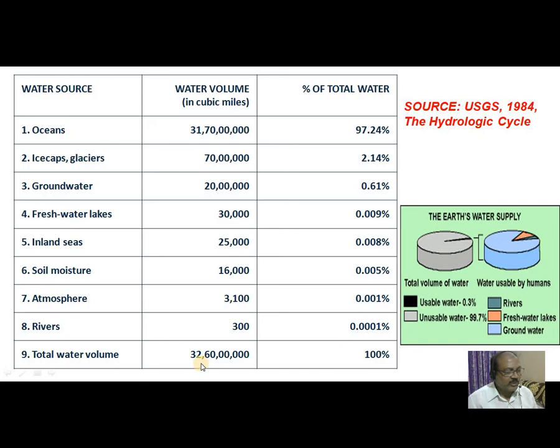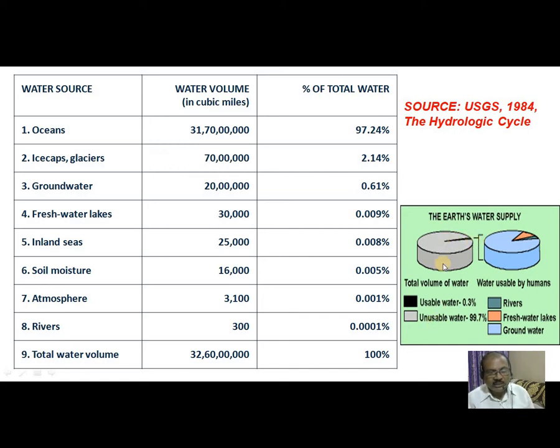The total water volume is 32 crore 60 lakhs cubic miles, that is 100%. So this is how the Earth's water supply is. In the entire Earth's water supply, usable water is only nearly 0.3%.